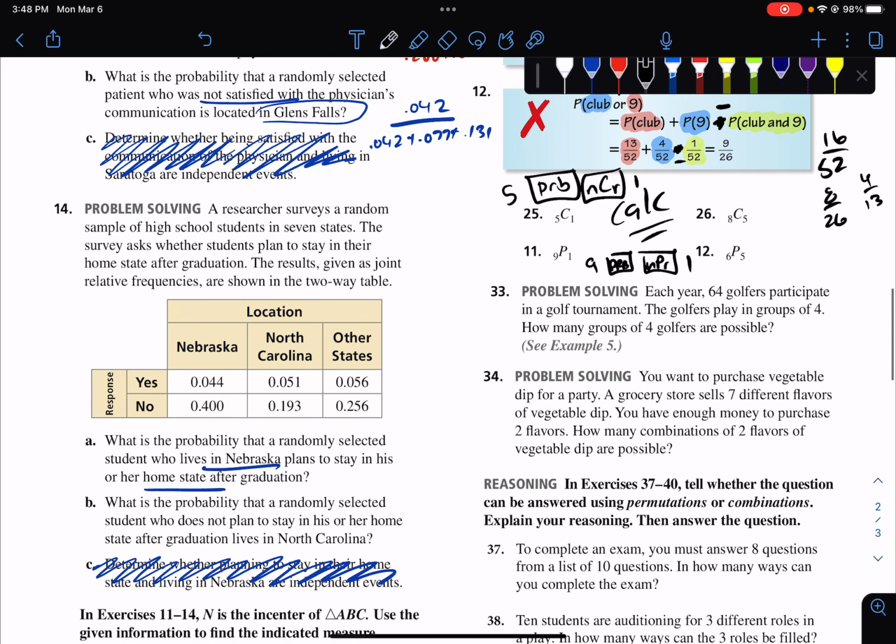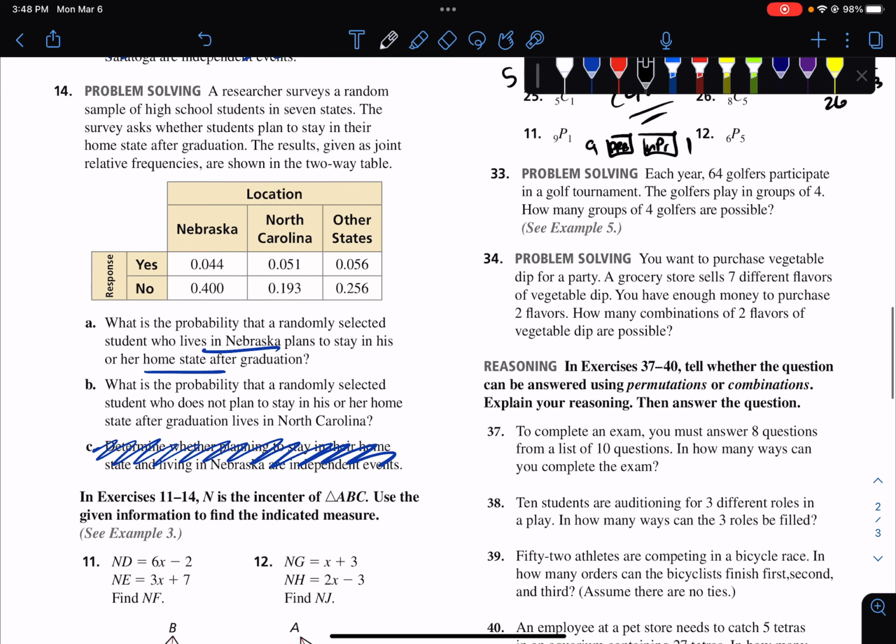Okay, number 33 and 34. Each year, 64 golfers participate in a tournament. The golfers play in groups of 4. How many groups of 4 golfers are possible? All right, so first thing I need to think about is, does it matter if someone is the first golfer or the second golfer in a group?